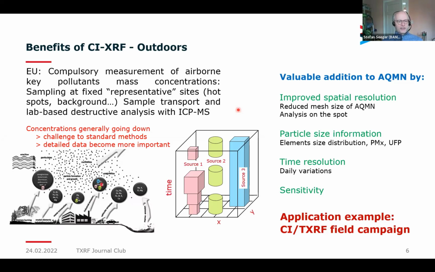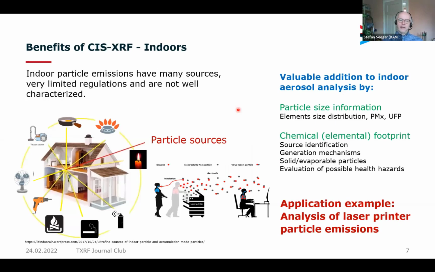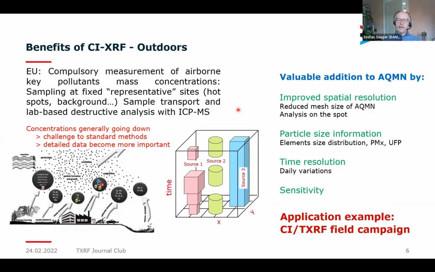I would like to show you now an application example that we did a couple of years ago. We tried out how well TXRF works in a field campaign. We did not ask so much about the theoretical background of TXRF, but just applied it and wanted to know: is it technically feasible to operate cascade impactor sampling and TXRF on the spot in the field?